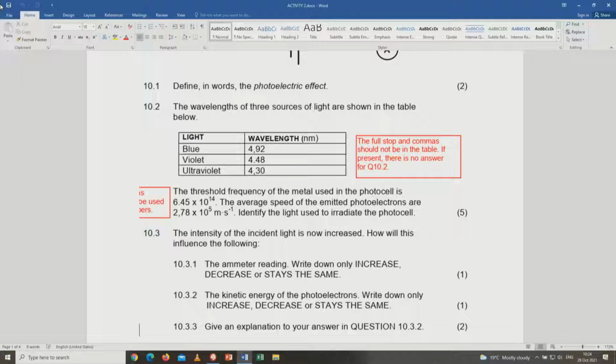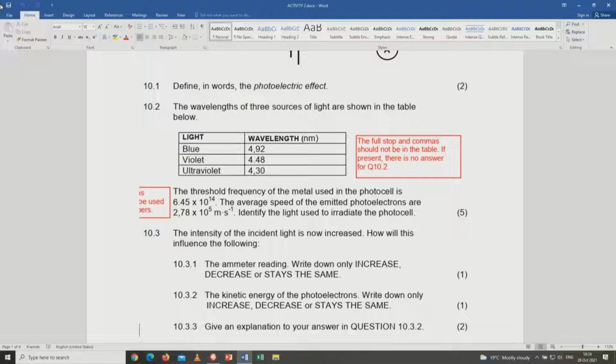Then the question: the threshold frequency of the metal used in the photocell is 6,45 times 10 to the power 14. The average speed of the emitted photoelectrons is 2,78 times 10 to the power 5 meters per second. And then we are asked to identify the light that is used to irradiate the photocell.